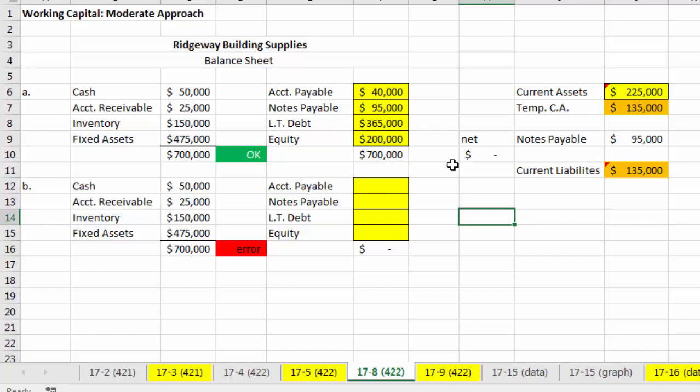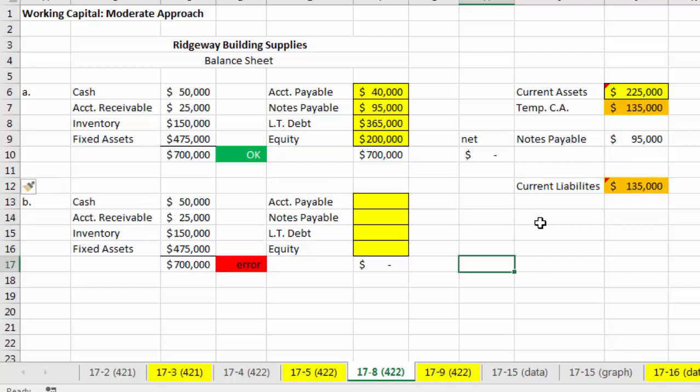All right, I'll let you go ahead and wrap up or duplicate that problem in part B here, and make sure you get the right values in here for the moderate approach, with the assumption that accounts payable is 30,000 and equity is 425,000. So that's a higher equity approach.